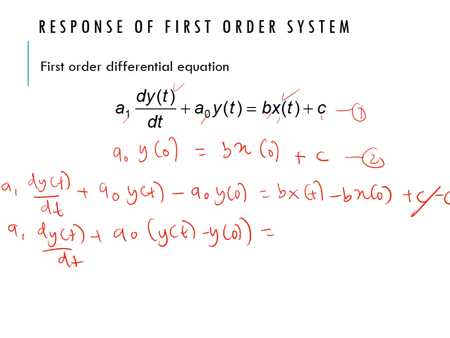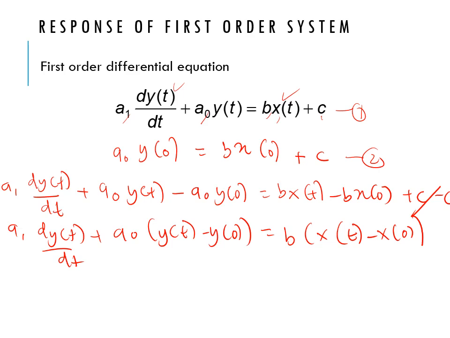Equals to bx, t minus x0. Alright. And then substitute the deviation variables into this equation.